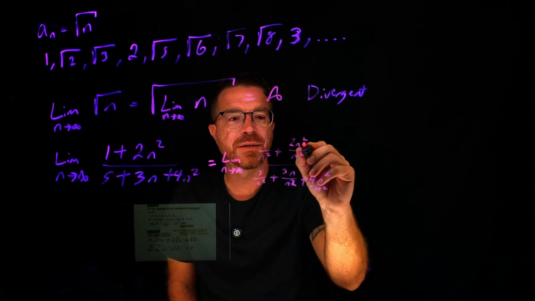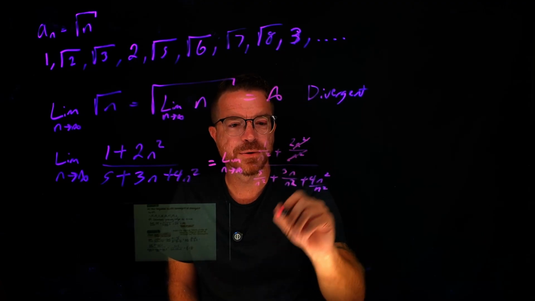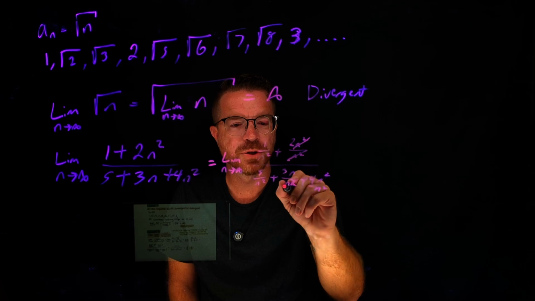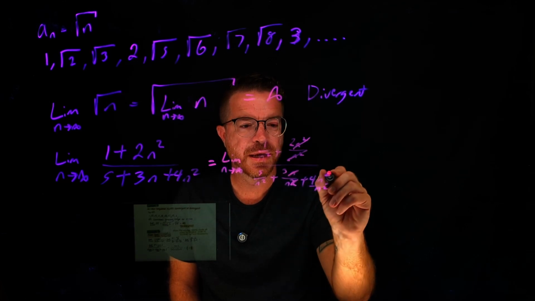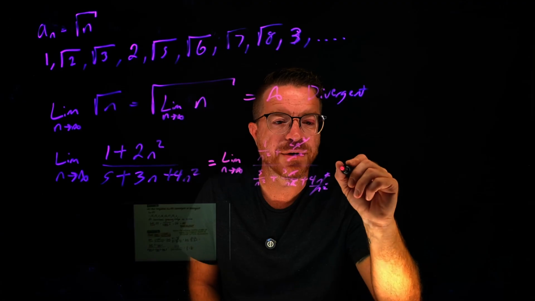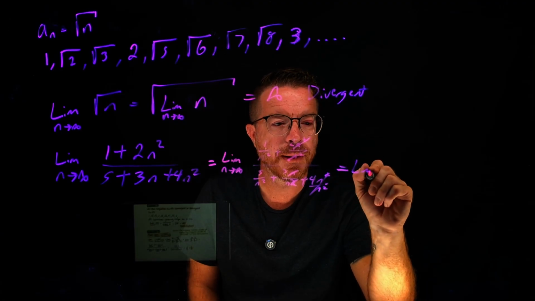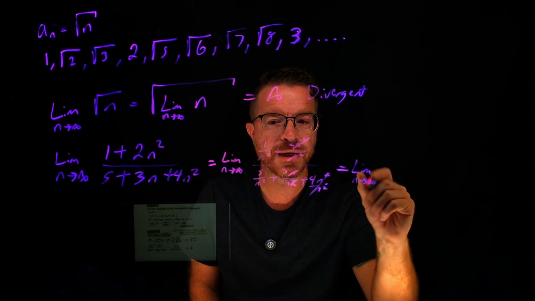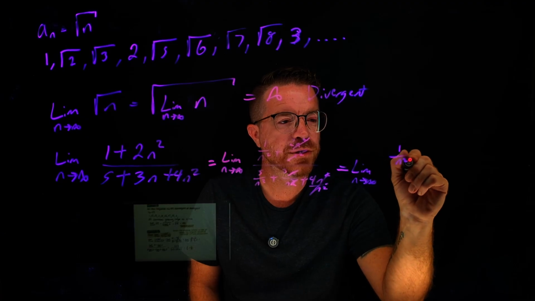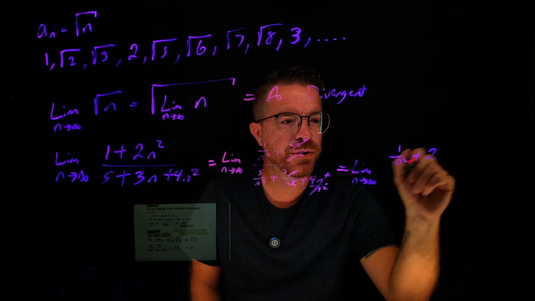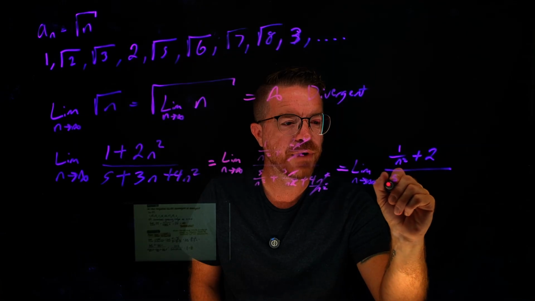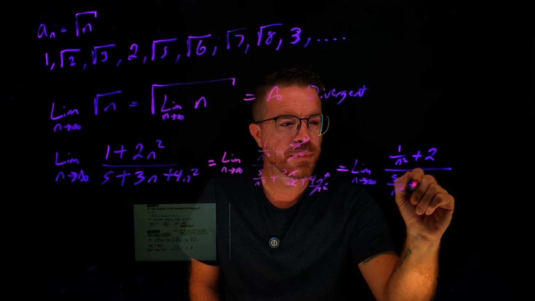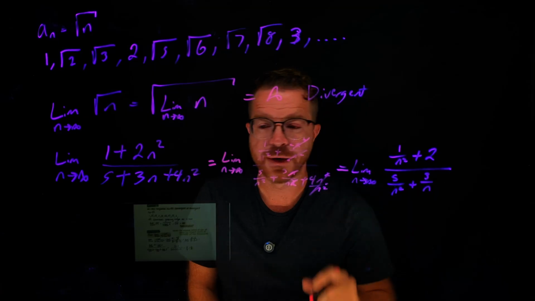And this will mean that, first of all, these two n squareds will cancel. This n squared will just be left over as it cancels with this n. This n squared will cancel. So now we're going to be left with the limit as n approaches infinity of (1 over n squared plus 2) divided by (5 over n squared plus 3 over n).